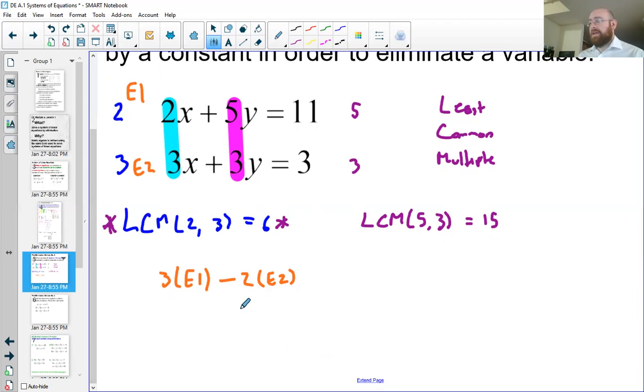And so I have 3 and 2. And so right now what I'm doing is just to help keep myself organized. I'm breaking it down into more steps. So I'm going to put our first equation up here, and then our second equation right here.